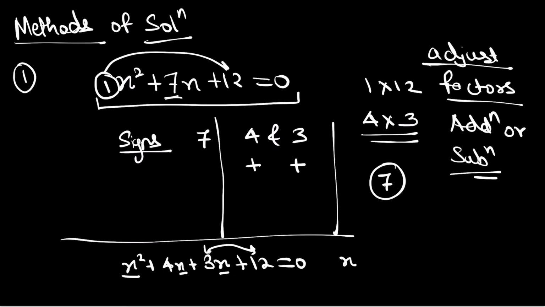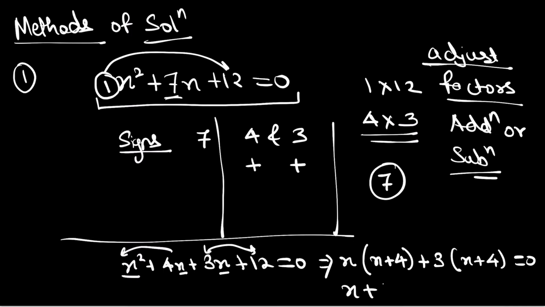In the first case, we take x common, so this equation turns into x times x plus 4, plus, taking 3 common, again 3 times x plus 4. Now, we take x plus 4 common: x plus 4 multiplied by x plus 3 gives us 0. Now, these are the factors of the equation.